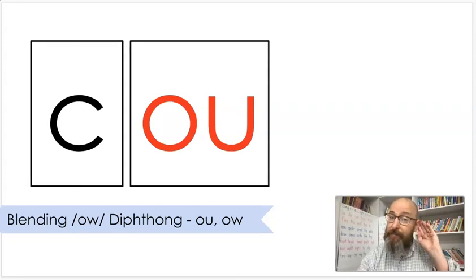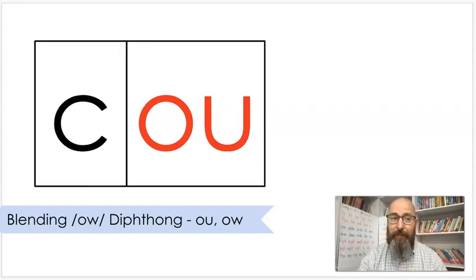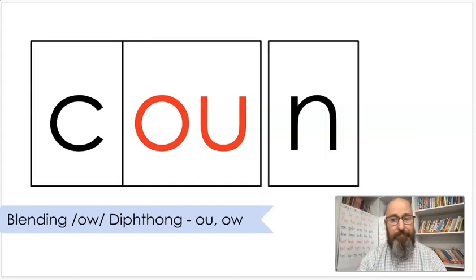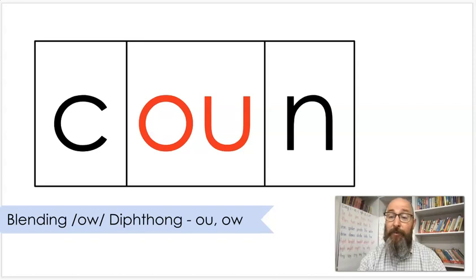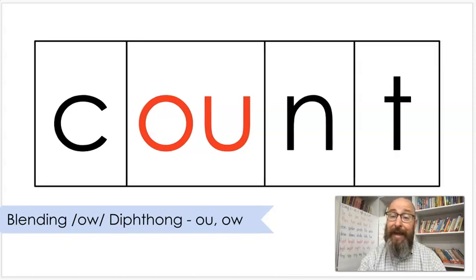Sound. Ow. Put it together. Count. Put that together. Count. When you count, you can count by ones. 1, 2, 3, 4, 5. Or you can even count by 5s or 10s. 5, 10, 15, 20, 25.